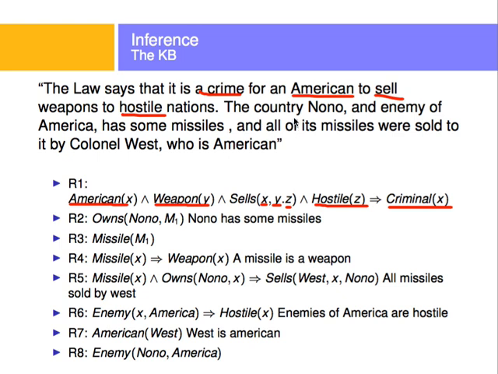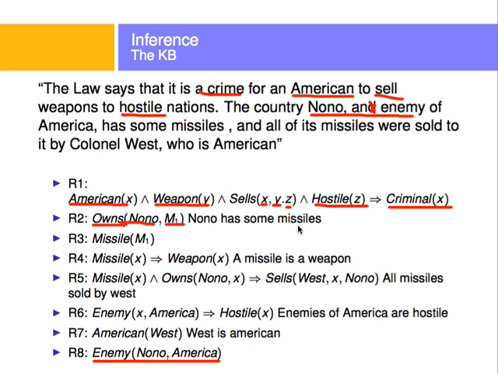Now we also know the country of No-No, an enemy of America. So we know that No-No is an enemy of America, right? It has some missiles. We know that No-No owns missiles.